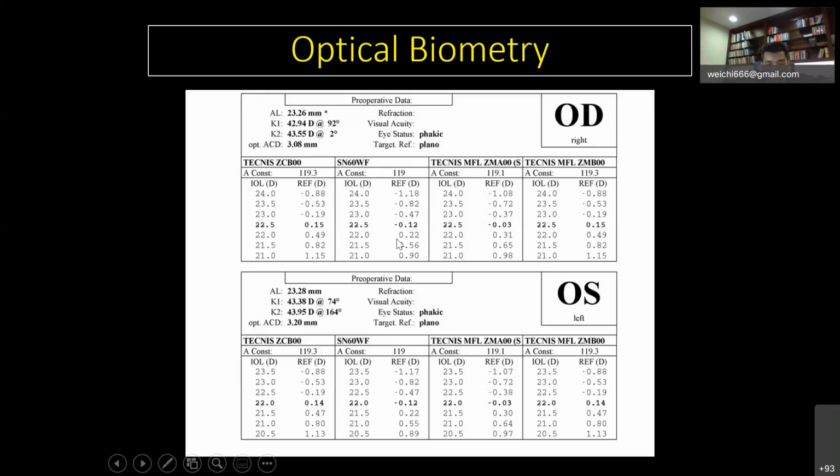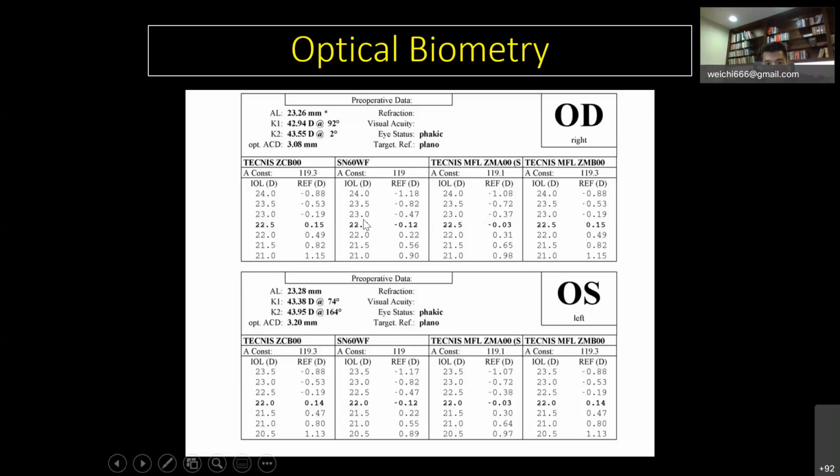Then I expect to get 0.22 diopter after the surgery. So with this information, I could decide what kind of intraocular lens I need to implant in the patient's eye, because patients might have different needs.